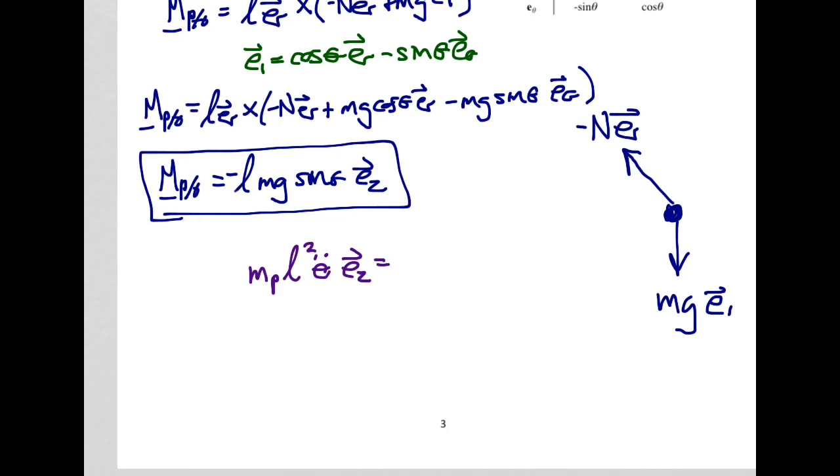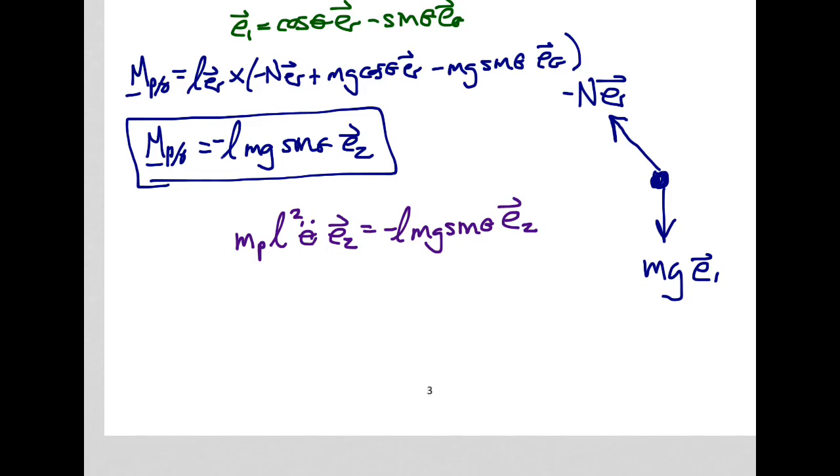And this is equal to negative L mg sine theta in the positive e_z direction. And so we take our scalars out and solve for theta double dot, and we get theta double dot is equal to minus g over L sine theta.